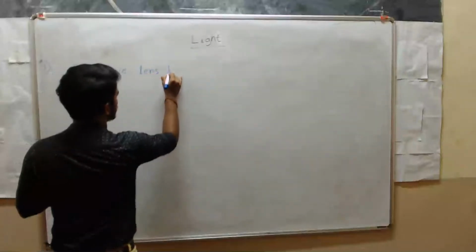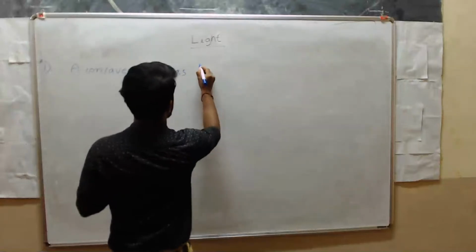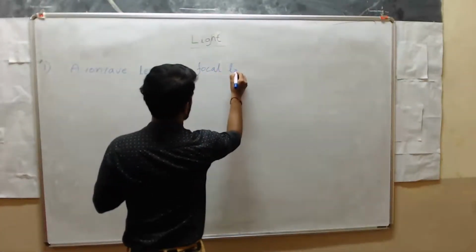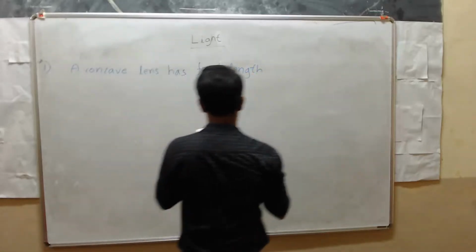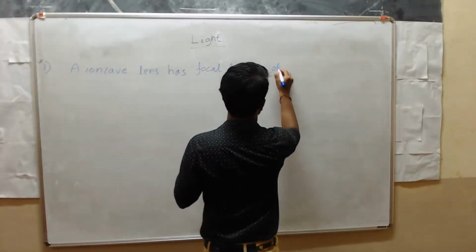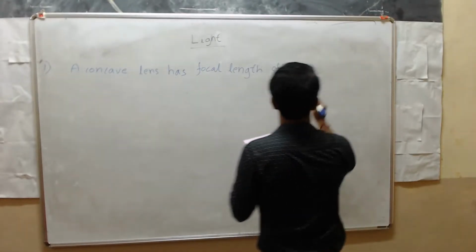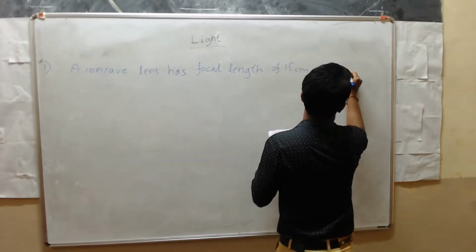A concave lens has focal length of 15 centimeter.